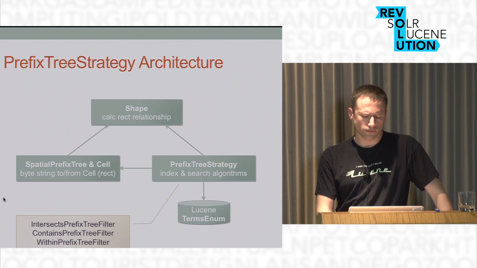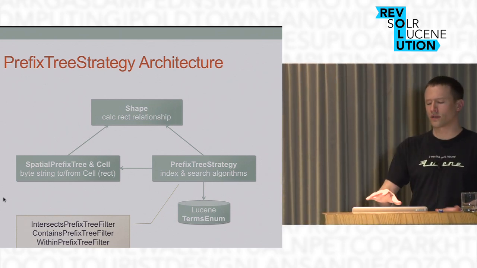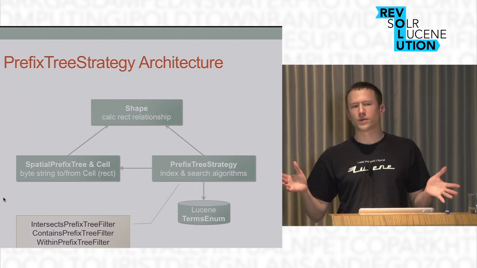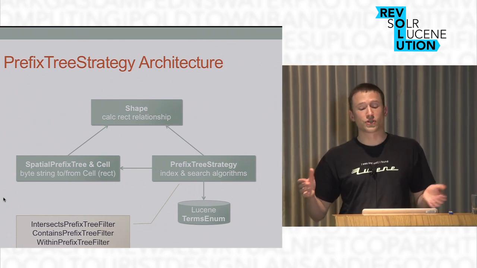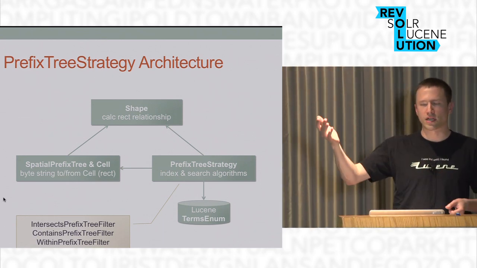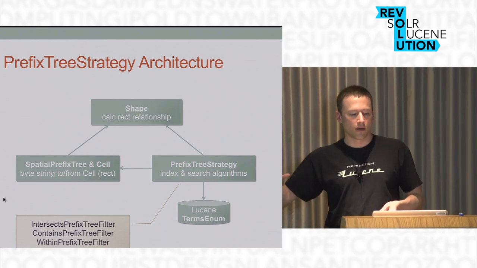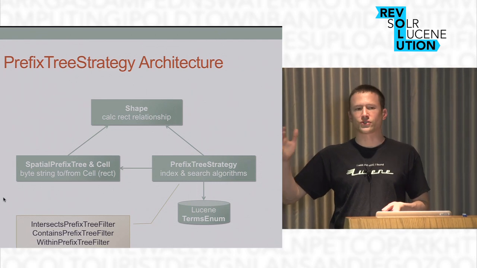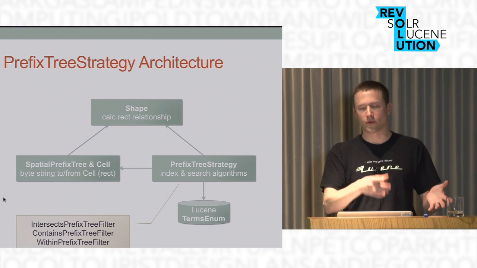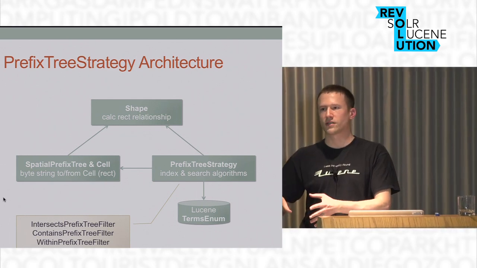And this is working well because the prefix tree strategy doesn't know anything about any particular shapes at all. It just knows it's getting a shape, and it can talk to the spatial prefix tree implementation to decompose that shape into cells. It doesn't even know about geohashes or quads. It just knows that it can talk to a cell from the grid and decompose it into other subcells based on a query filter.